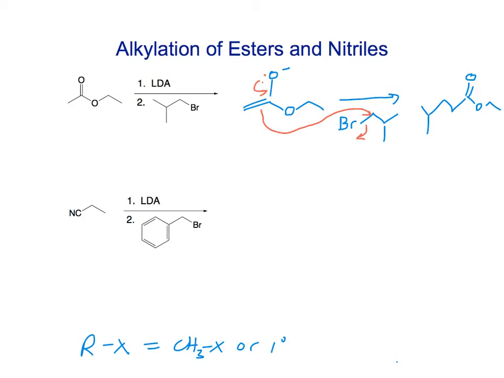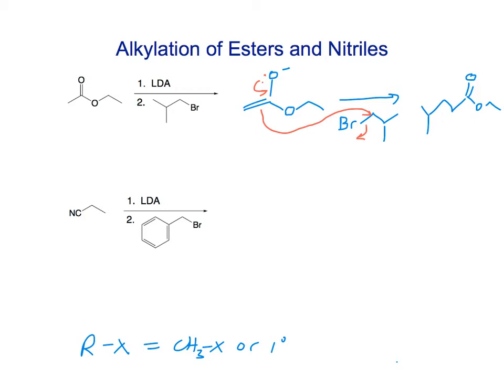An E2 elimination reaction, right? Remember that stuff way back last semester? So an enolate could just be another base that triggers an elimination of a tertiary alkyl halide. All right, so the bottom one, we can also form an enolate of a nitrile.